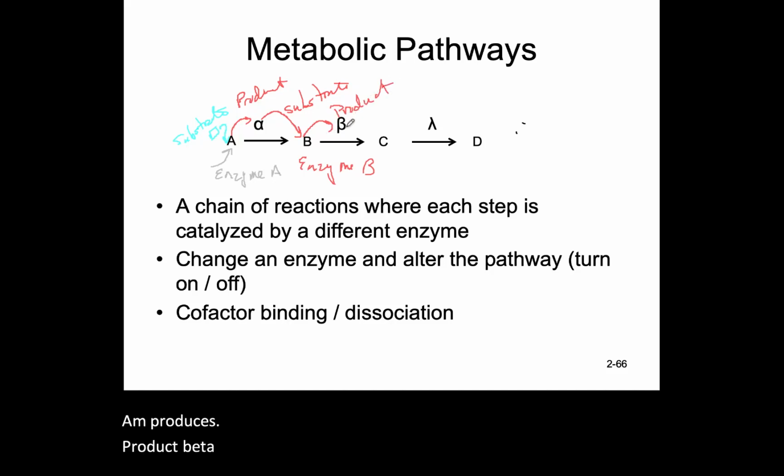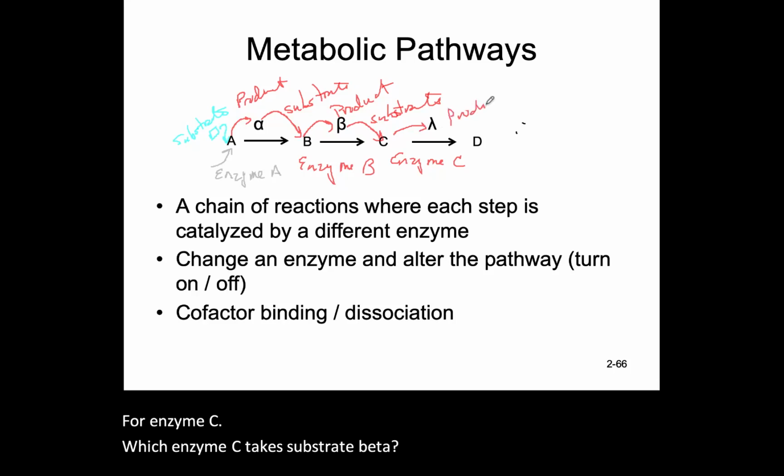Product beta now becomes the substrate for enzyme C, in which enzyme C takes substrate beta and produces product lambda.